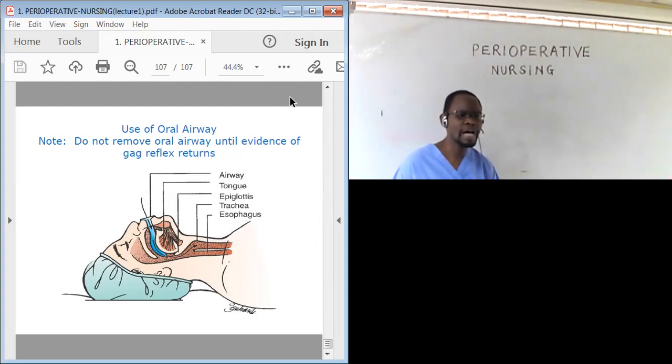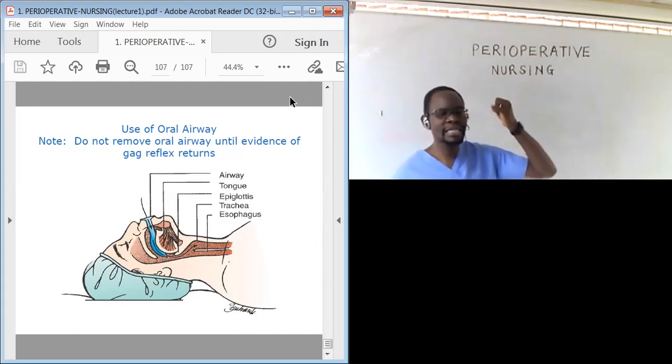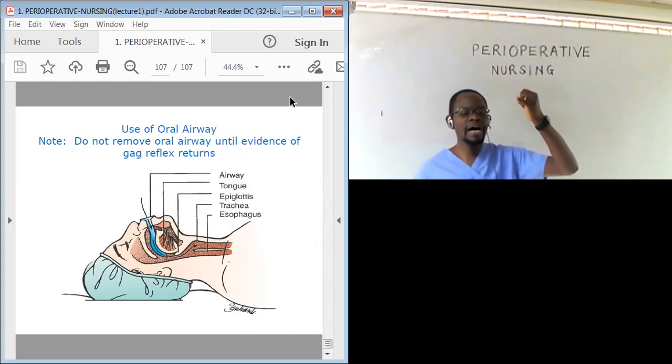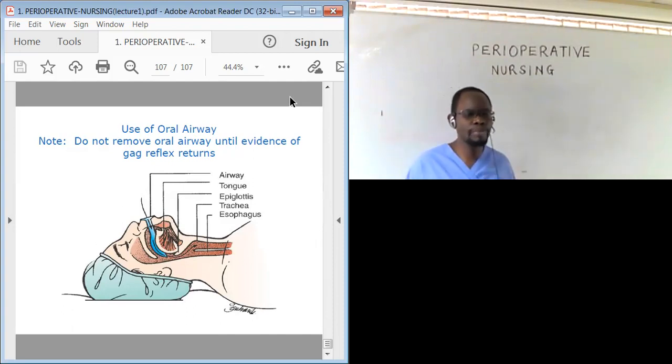In this, we have looked at the phases of perioperative nursing. We said we have the preoperative, the intraoperative, and then the postoperative.